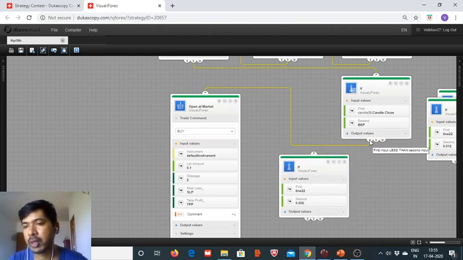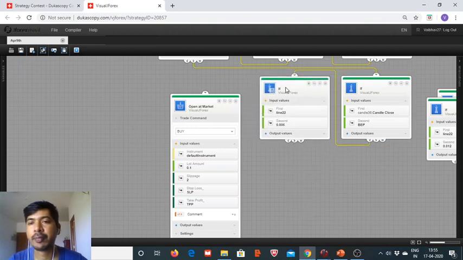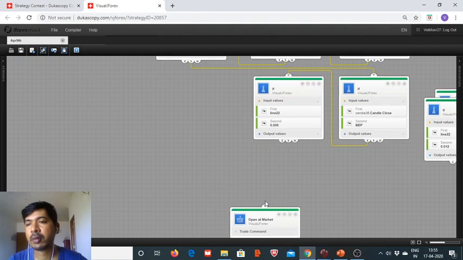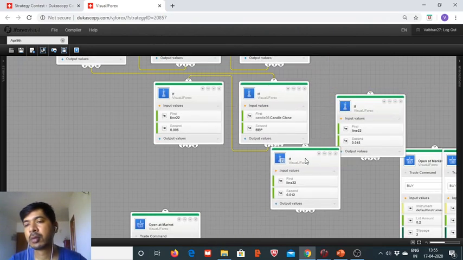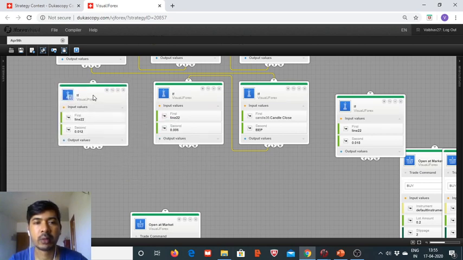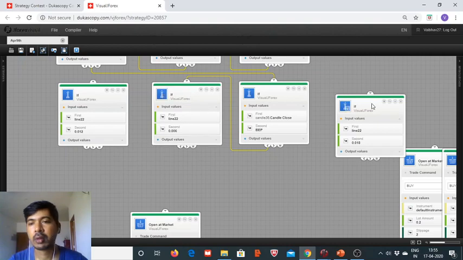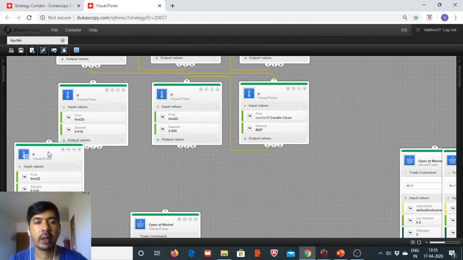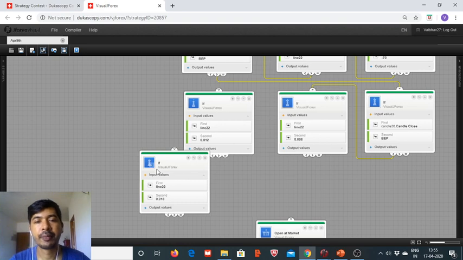Candle close should be less, so it should be less. Okay, so we add it here, and we reduce it here, and we add 180 pips.